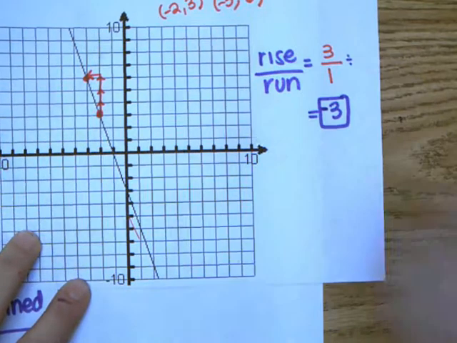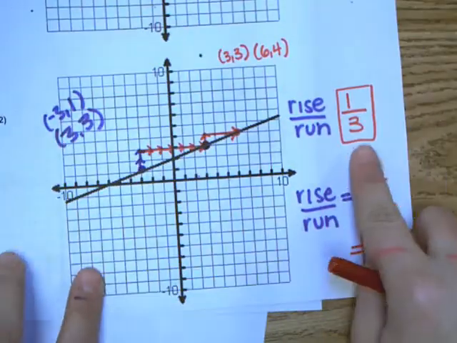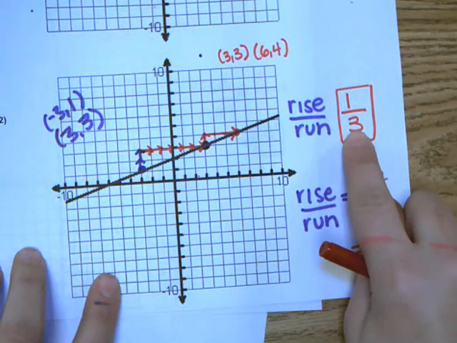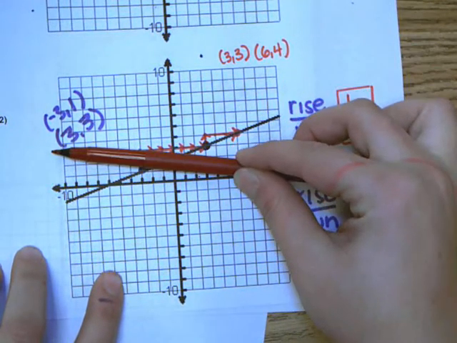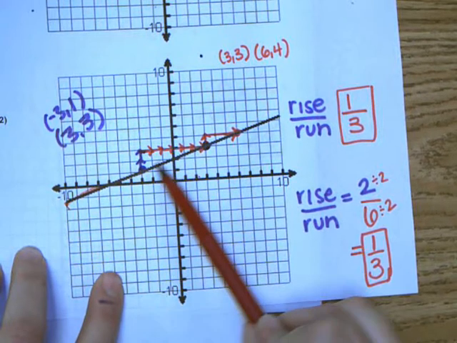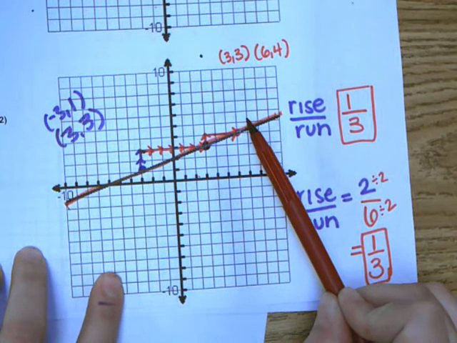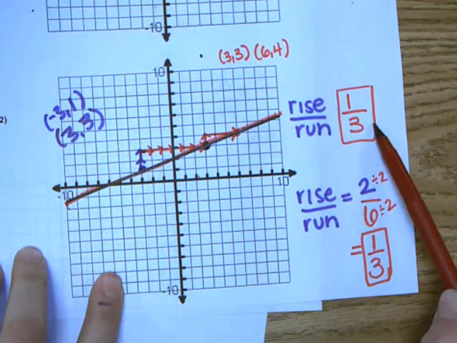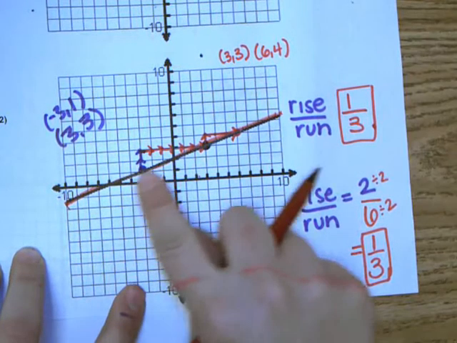So if we look here, this slope is further from 0. This is 3. Think of it as -3. -3 is further from 0, so it is more steep. Whereas this line right here had a slope of 1/3. This is closer to 0, so it's closer to being flat.